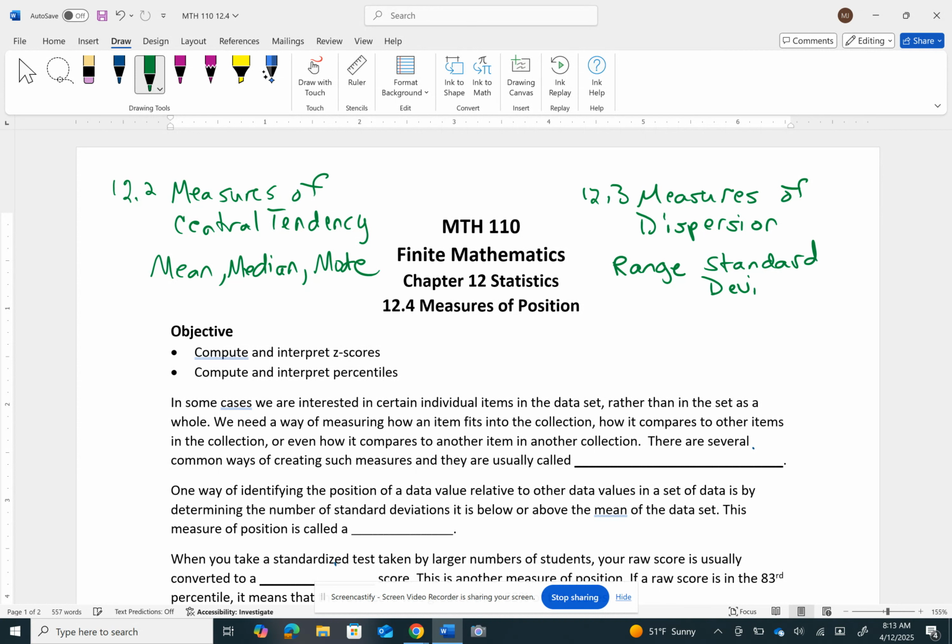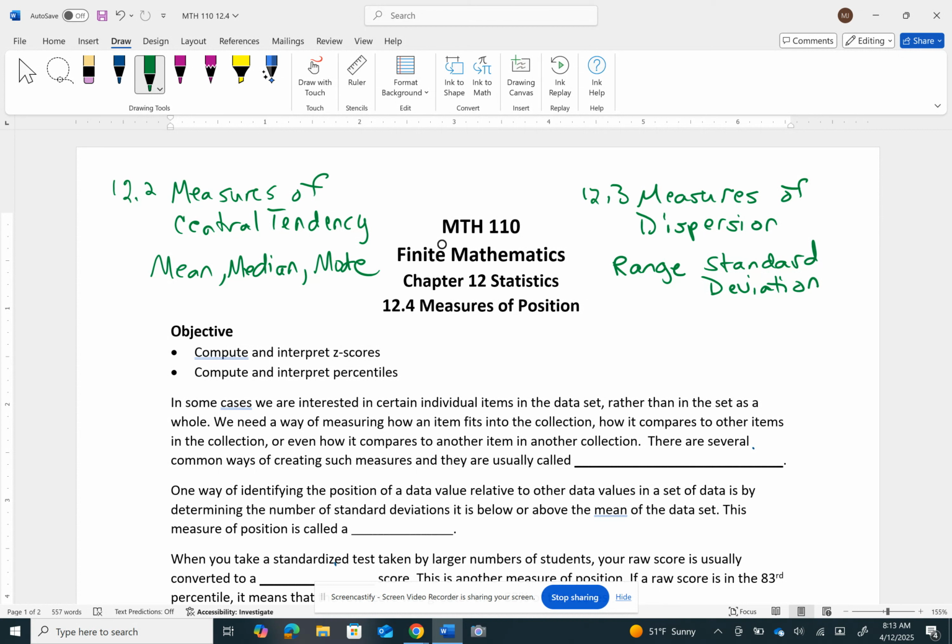If you took, say, the mean together with the standard deviation, it would give you a good sense of the distribution of the data values, how spread out they were and how big they were on average.